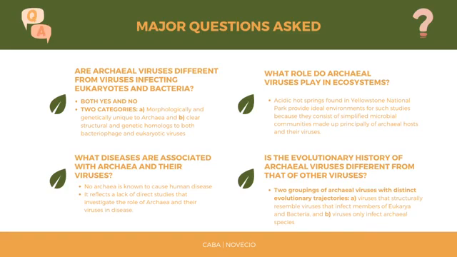However, there appear to be two groupings of archaeal viruses with distinct evolutionary trajectories. First, those viruses that structurally resemble viruses that infect members of eukarya and bacteria, and a second grouping whose viruses can only affect archaeal species. In order to gain a more in-depth understanding of archaeal virus evolution, we need to greatly expand our knowledge of viruses beyond the limited archaeal phyla that have been investigated to date.